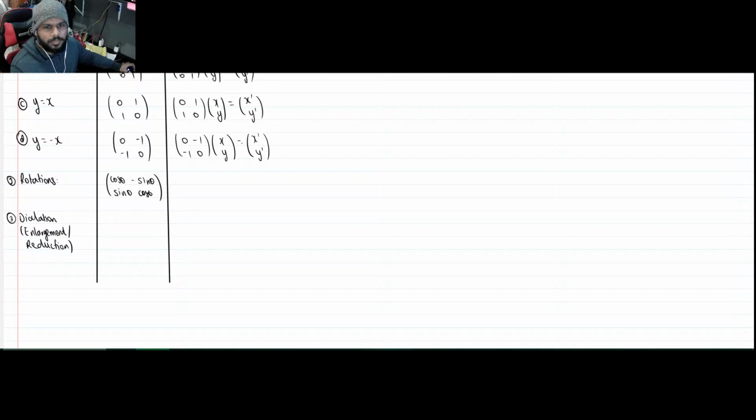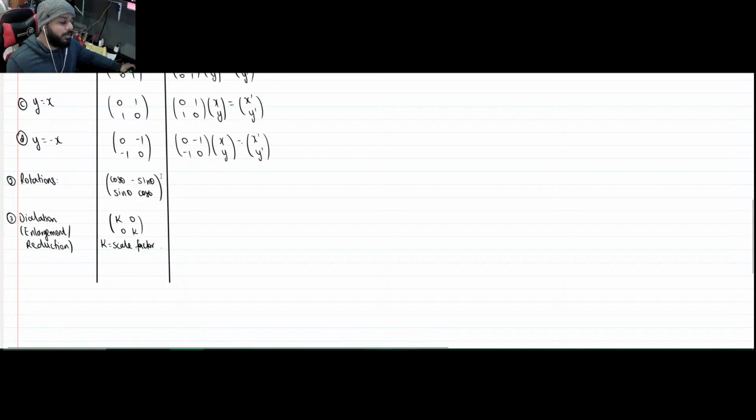So it will be k, 0, 0, k. I had it the wrong way. k, 0, 0, k. In this case, k is a scale factor. And again, I'm not going to write down the equation because it's pretty self-explanatory.